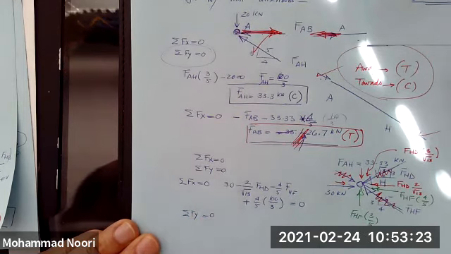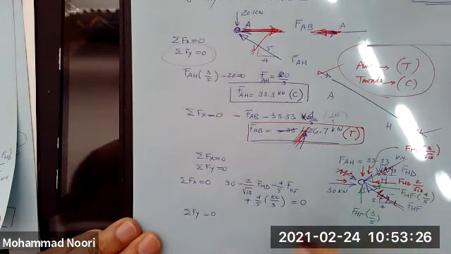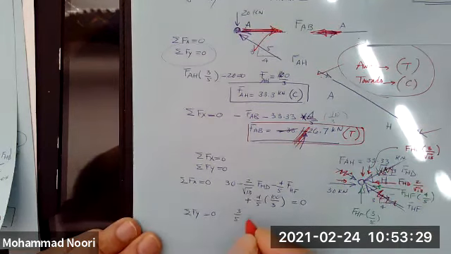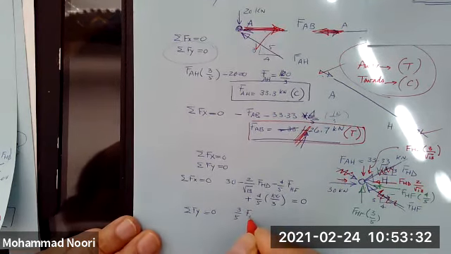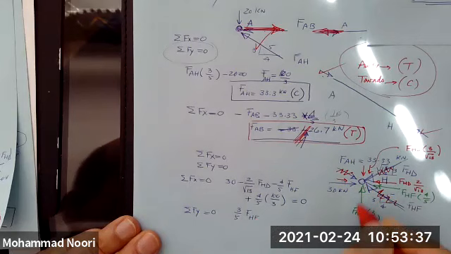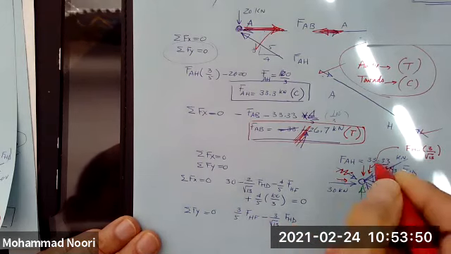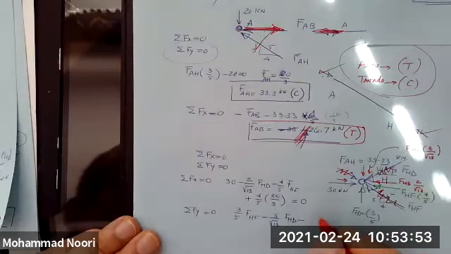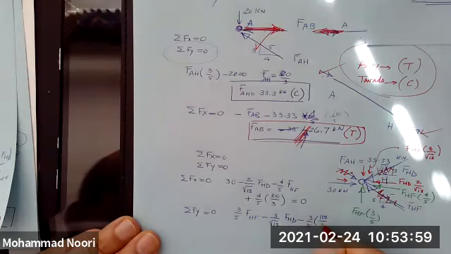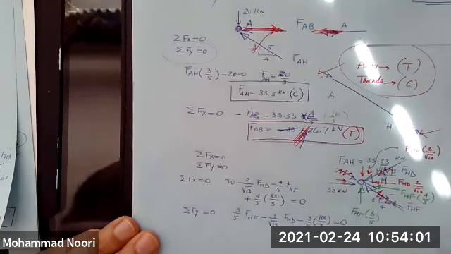Summation of forces along Y. I have 3/5 of F_HF. What else do I have here? This one and this one. So I have minus 3 over square root 13 of F_HD and minus 3/5 of that 100 over 3, equal to 0.